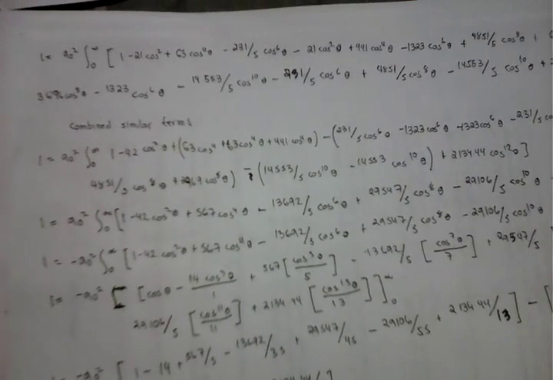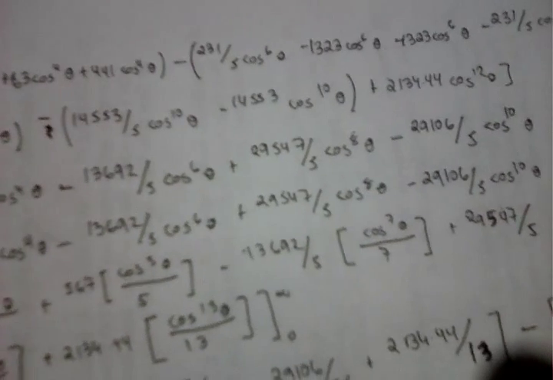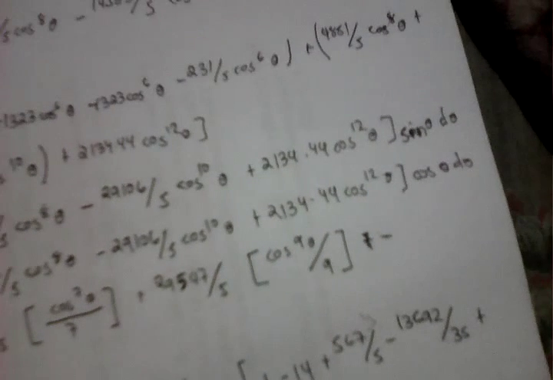Combine the similar terms. So if we combine the similar terms, it is the answer: 1 minus 42 cosine squared theta plus 567 cosine to the fourth theta minus 13,692 to the fifth cosine 6 theta plus 29,547 to the fifth cosine 8 theta minus 29,106 over 5 cosine to the 10 theta plus 2,134.44 cosine to the 12 theta.